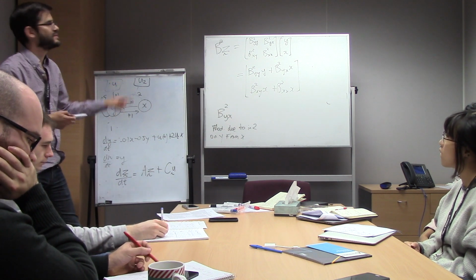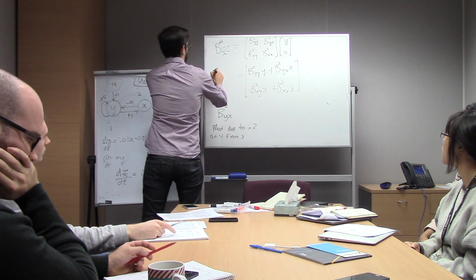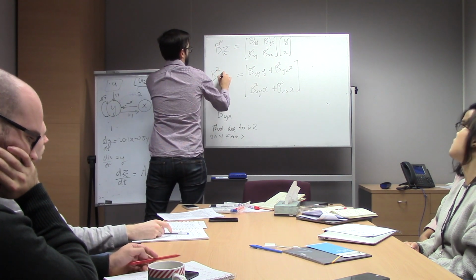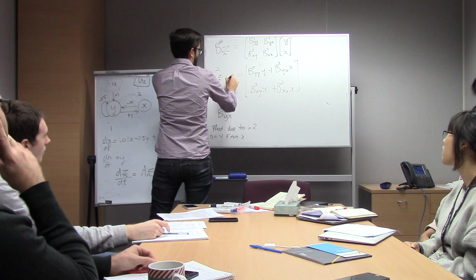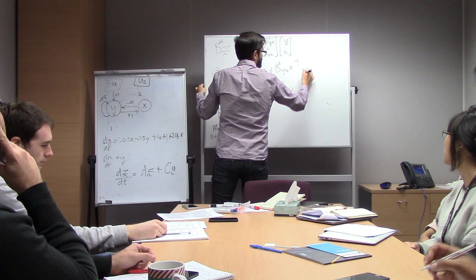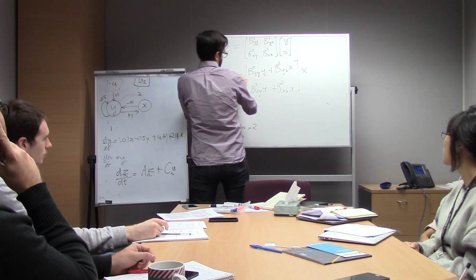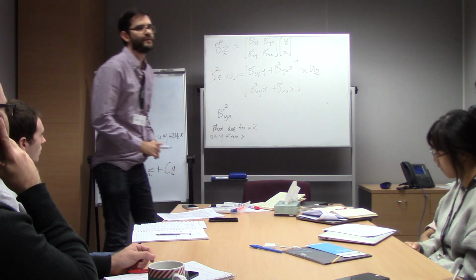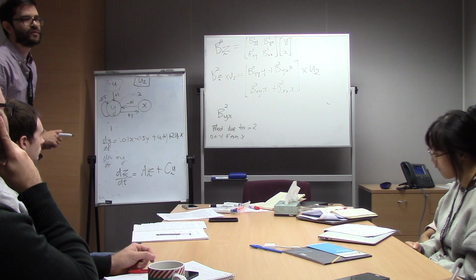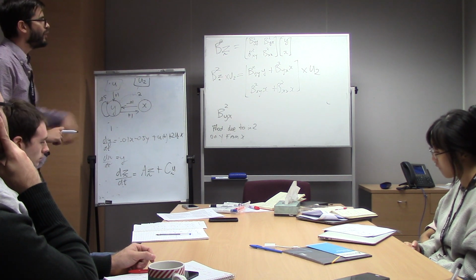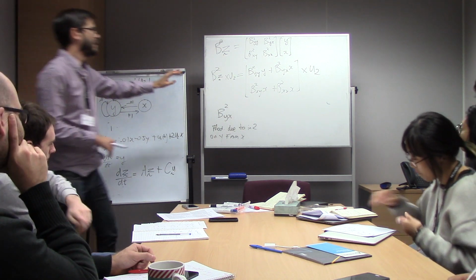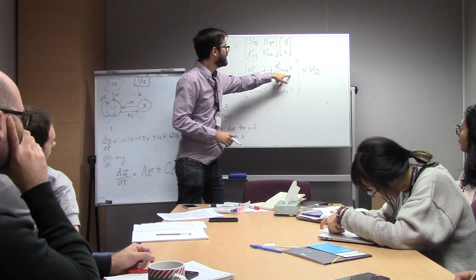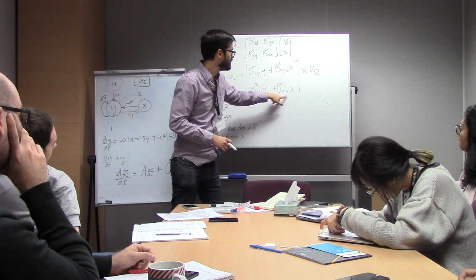But if I do B2, Z, I multiply both sides by U2. They all get multiplied by U2, so by all I mean the first row and the second row.